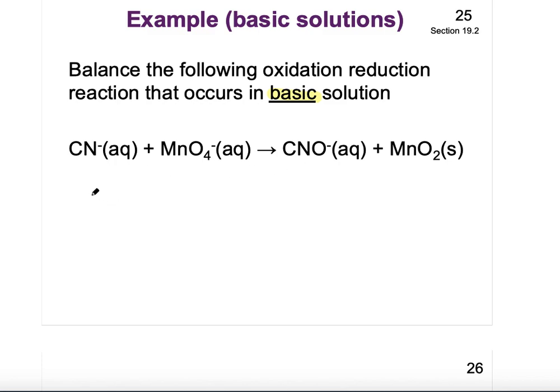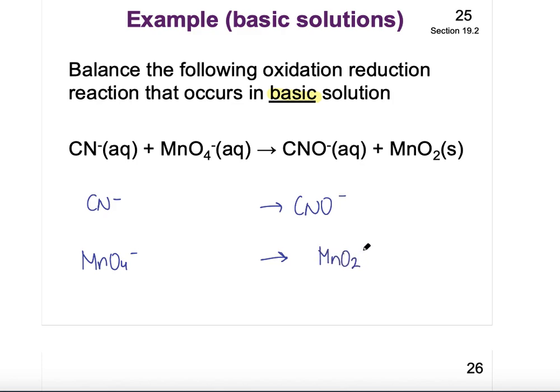So I'm going to take my CN minus and it is going to go to the right hand side as CNO minus. The other one is going to be my permanganate ion, MnO4 minus, and that's going to form MnO2.